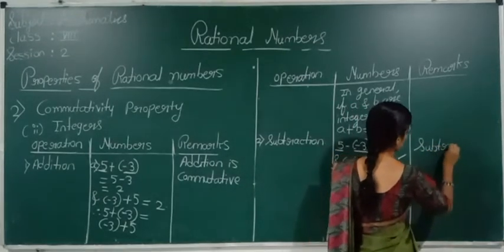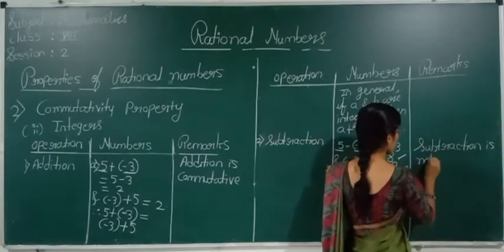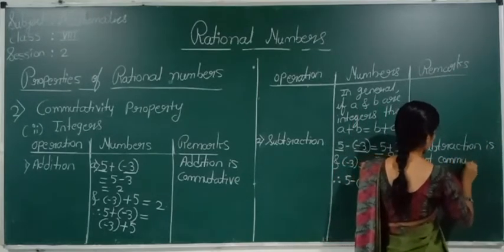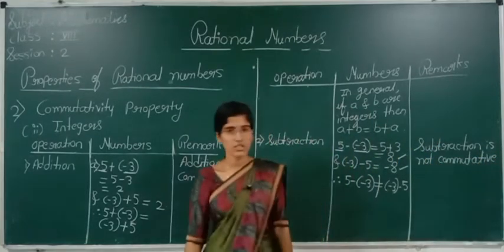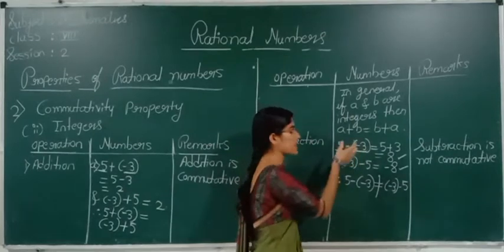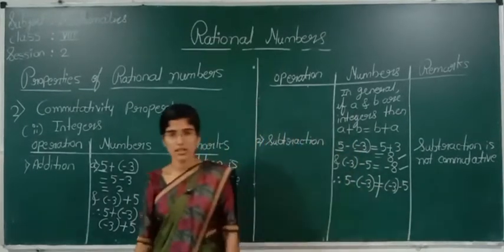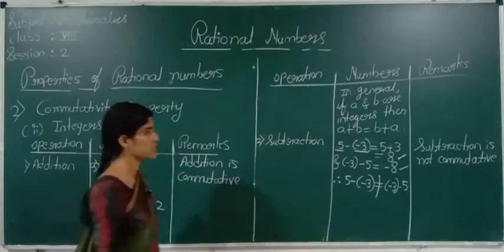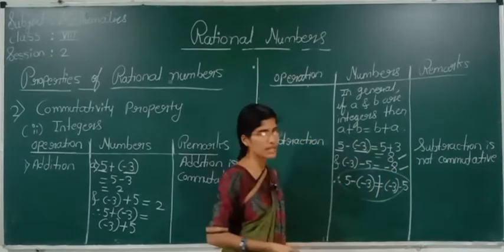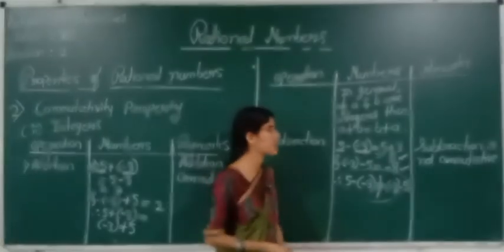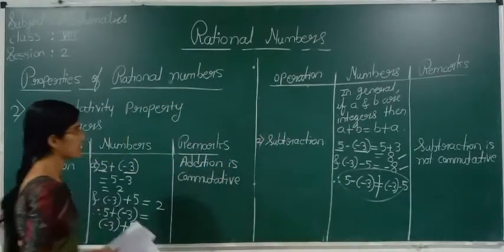Subtraction is not commutative for integers. Okay. In general, if a and b are two integers, then a minus b is not equal to b minus a. Yes or no? Therefore, subtraction is not commutative. Here the results are not coming the same. Therefore, we give the remark that subtraction is not commutative for integers.